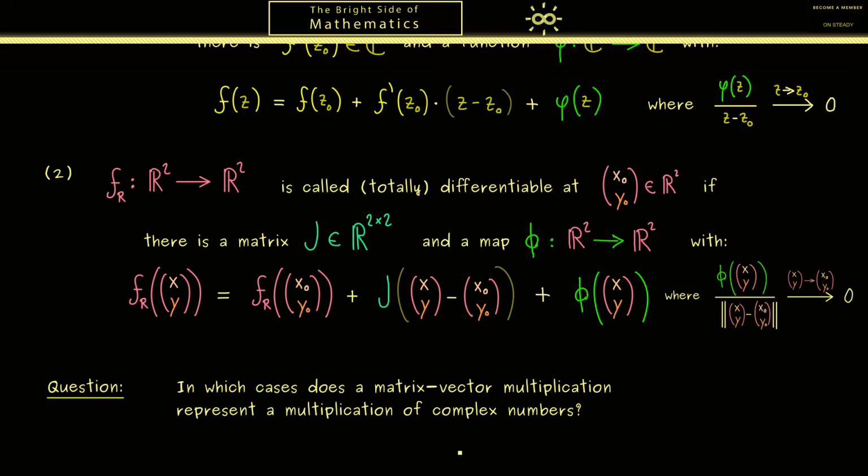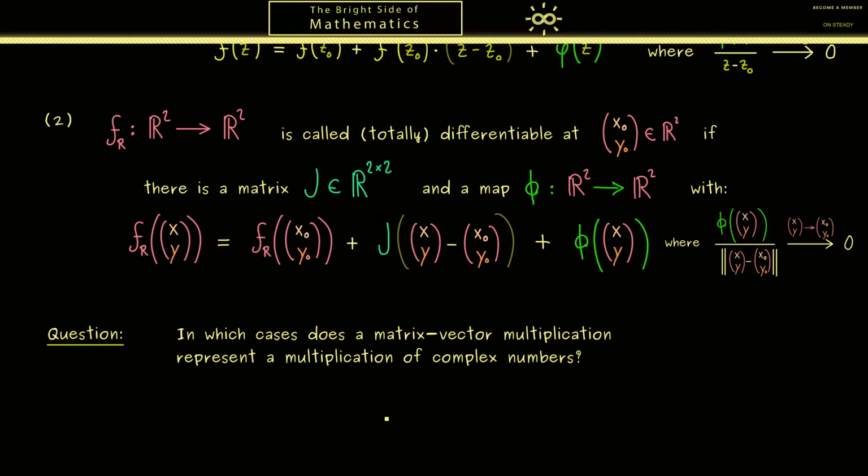Now, because we know how to calculate with complex numbers, we can answer this question without any problem. Let's check what the multiplication in the complex numbers looks like. So we take two complex numbers, w and z, and multiply them. Of course, w and z have a real part and an imaginary part respectively.